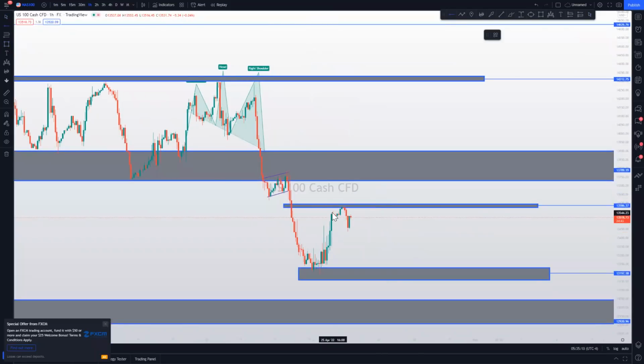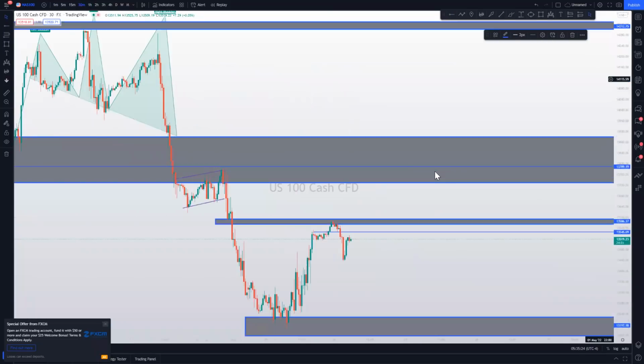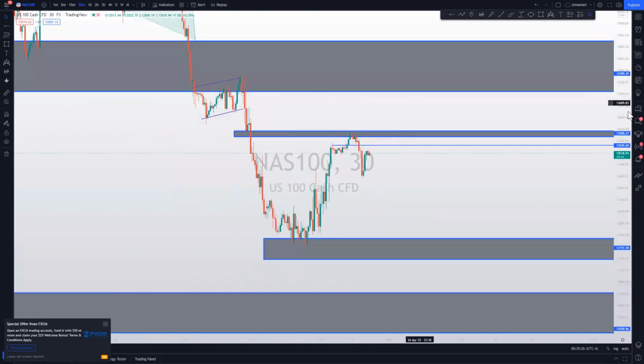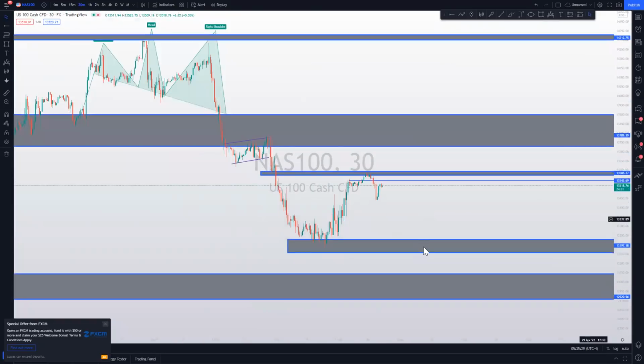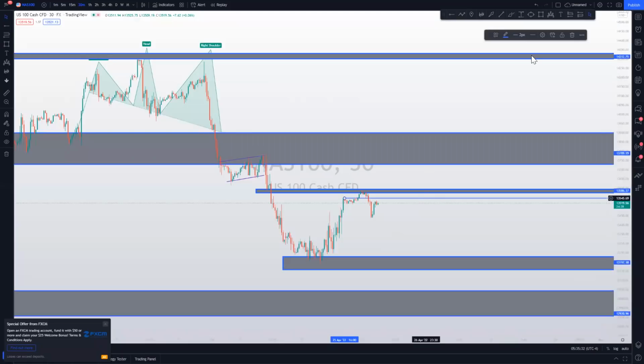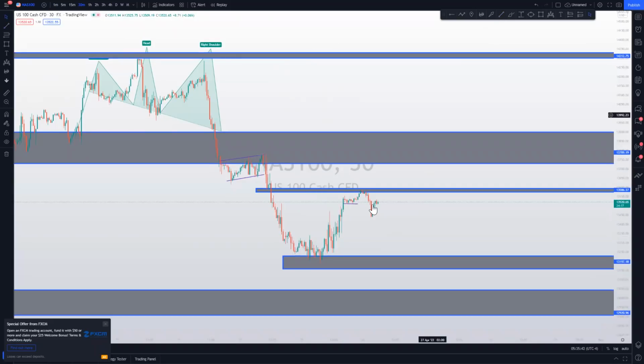So if we check, yes, even here on this level there was supposed to be a significant area, but we're going to move to the 30 minutes. So on the 30 minutes, what do you see? What is price forming here? Okay, head and shoulder. Price is forming a head and shoulder. And this one we're going to call a what?